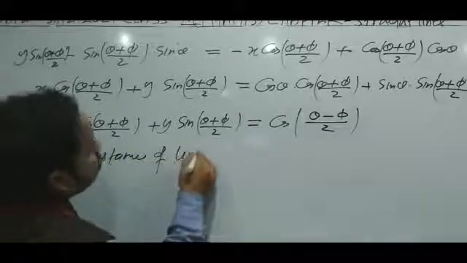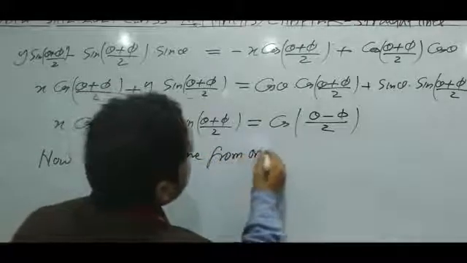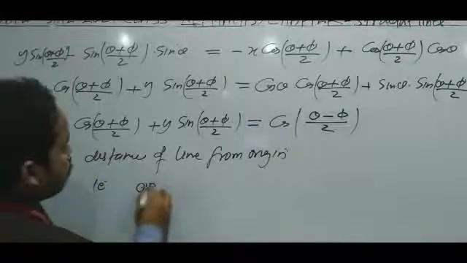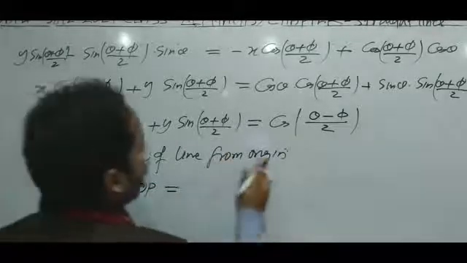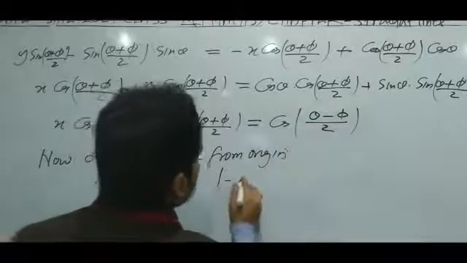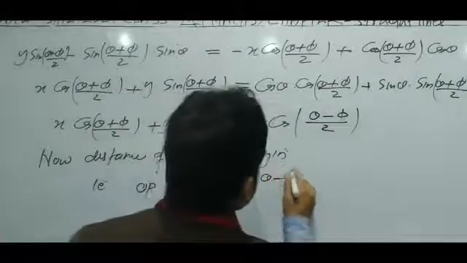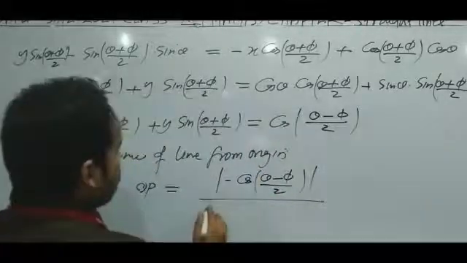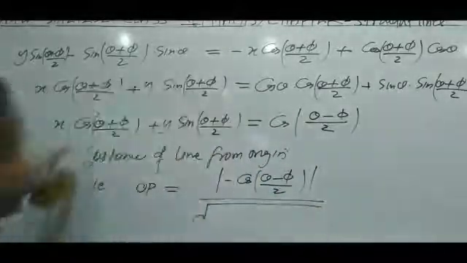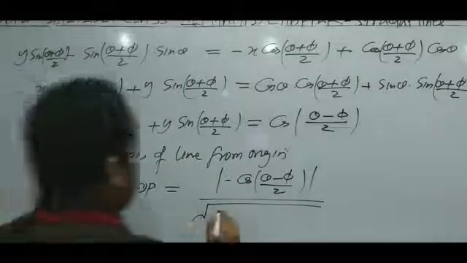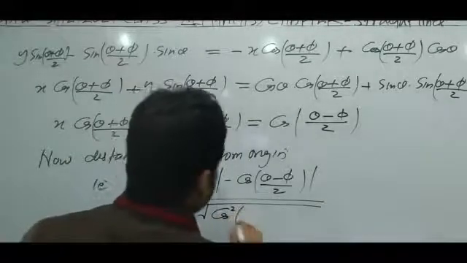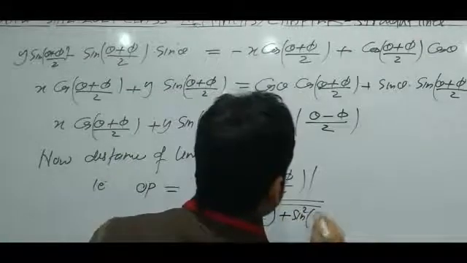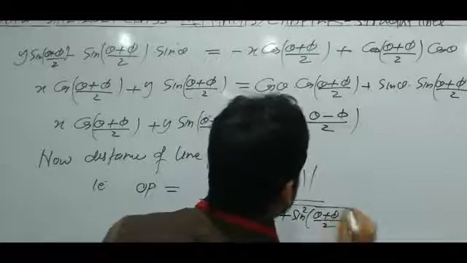Distance of the line from the origin, that is OP, is equal to mod of C, means mod of minus cos of (theta minus phi by 2), whole upon root over cos square (theta plus phi by 2) plus sin square (theta plus phi by 2).